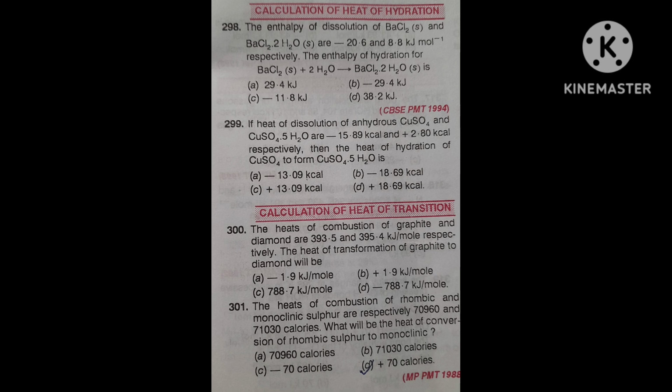Now delta H2 value is plus 2.80, so you take this 2.80 to the right side, it will come minus, and add both: minus 15.89 minus 2.80, then you will get minus 18.69 kilocalorie. Correct?